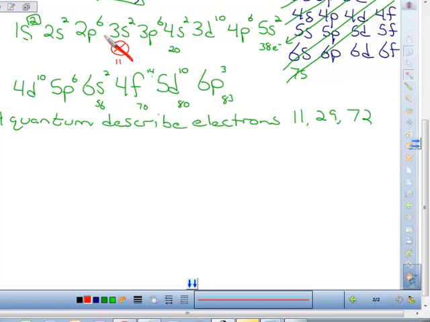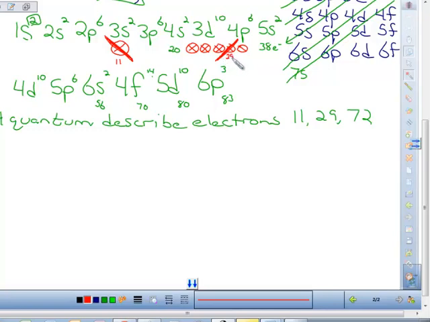It says now look at number 29. So, okay, here's 20, and 10 more would give me 30. So this d is going to look like this. So we've got 21, 22, 23, 24, 25, 26, 27, 28. There's number 29 for me.